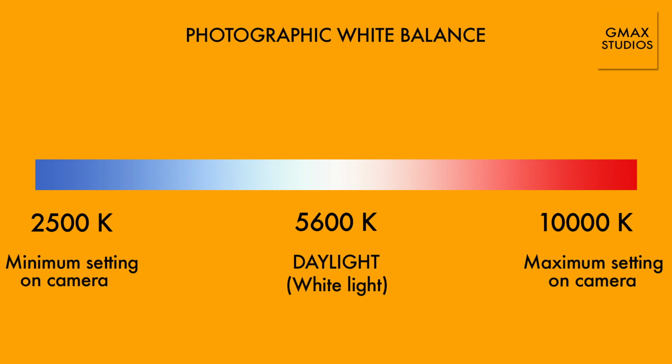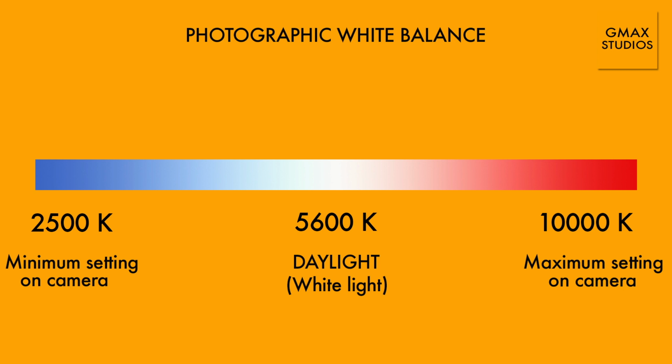Without getting into the complete theory of color temperature, all you need to know is this, that most cameras have a color temperature setting between 2500 Kelvin to 10,000 Kelvin. Kelvin is a unit by which color temperature is measured.